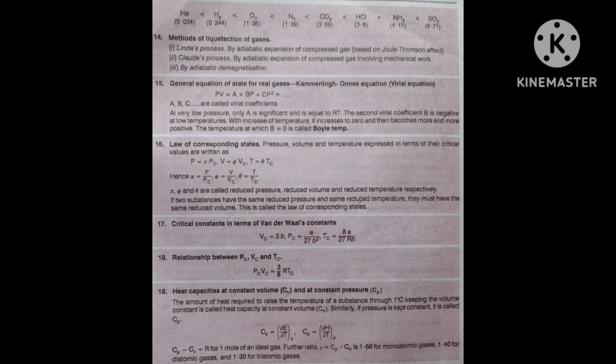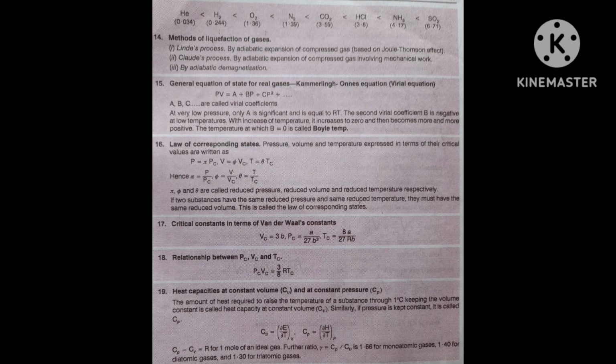P is equal to pi Pc, and V is equal to phi Vc, and T is equal to theta Tc. Hence, now you can write pi is equal to P upon Pc.